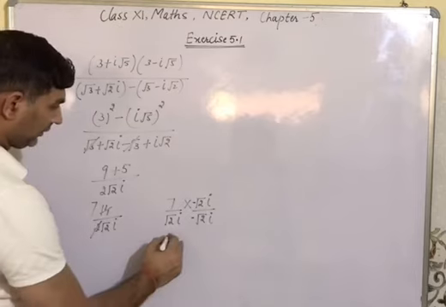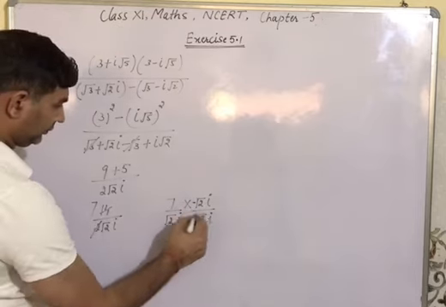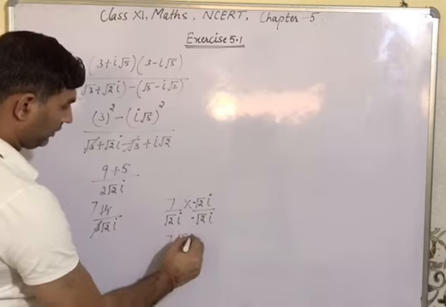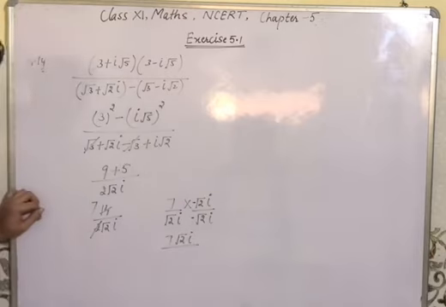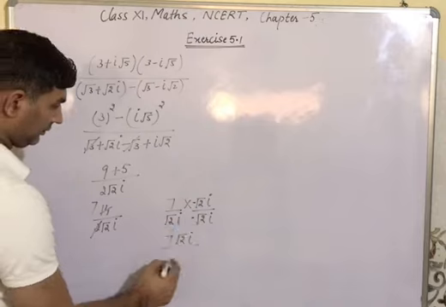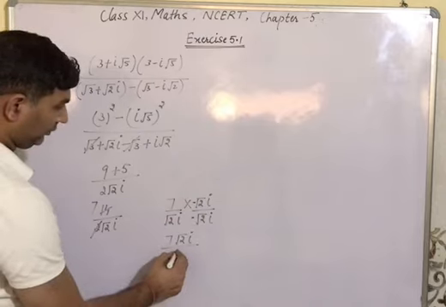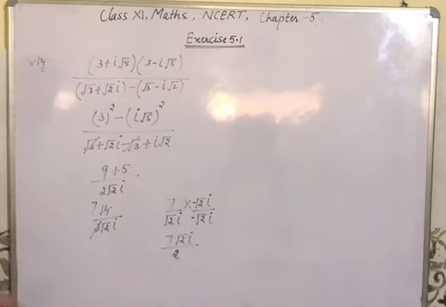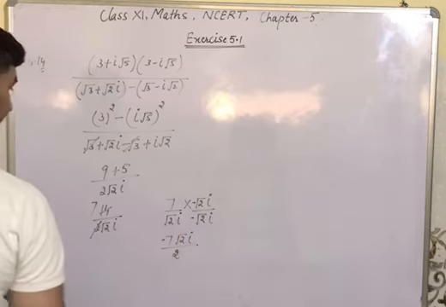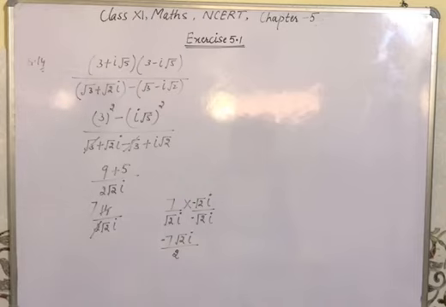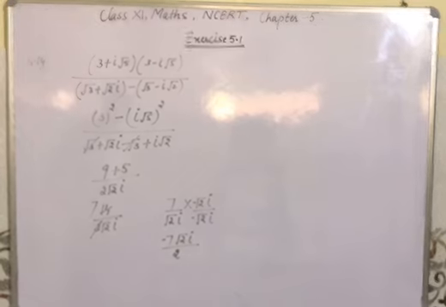Then 7 root 2 i upon 2, and i square is −1. We can write this as minus 7 root 2 upon 2 i. We can write this. Okay.